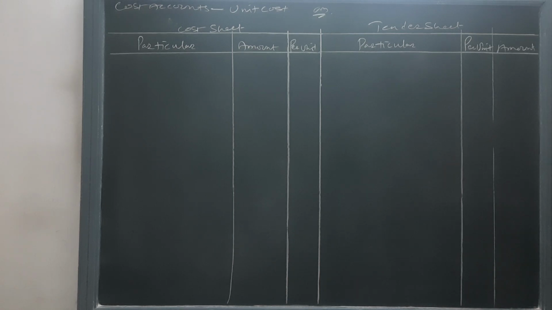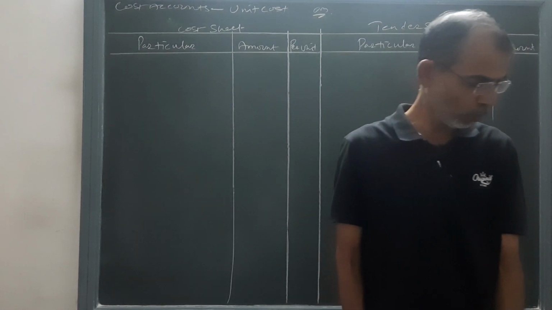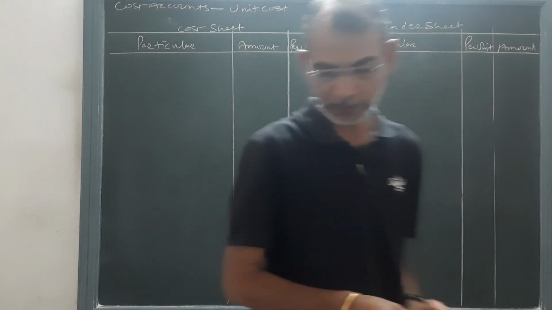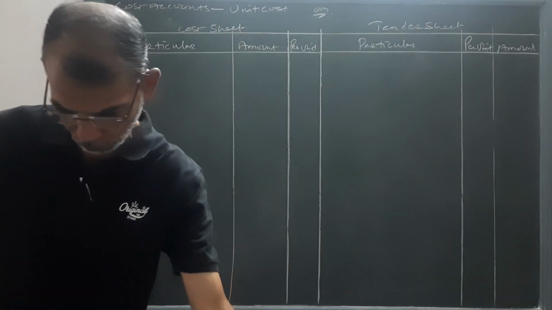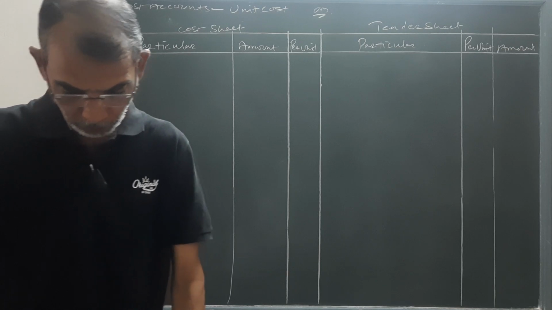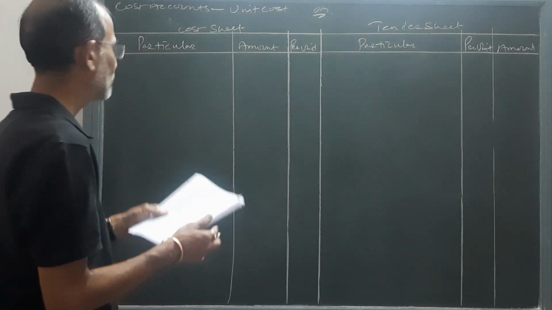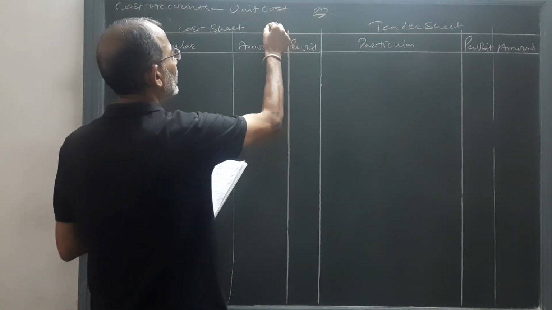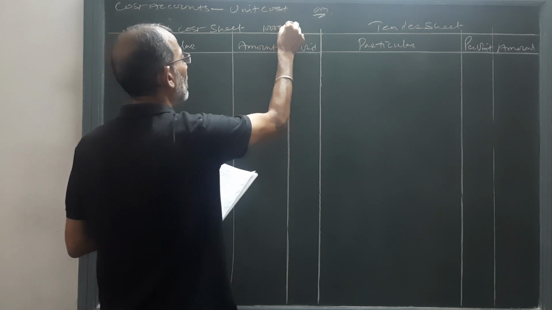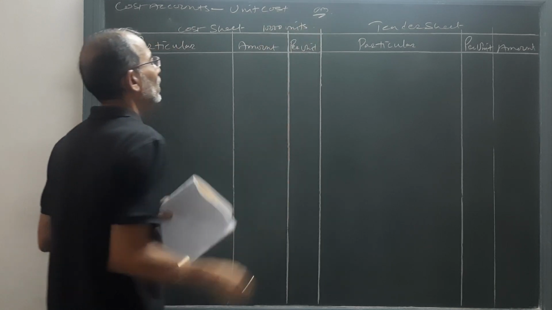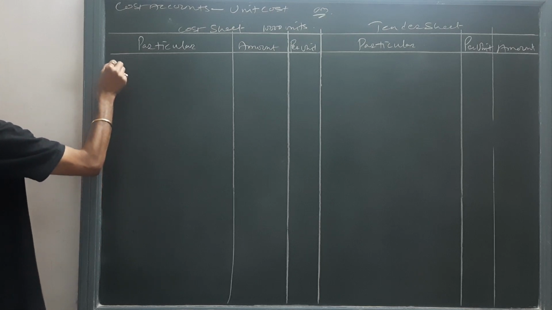Now students, first of all we will prepare a cost sheet, and after that we will prepare the tender sheet. So to prepare the cost sheet, first of all it has been said that 10,000 units were manufactured. First of all we will take material.